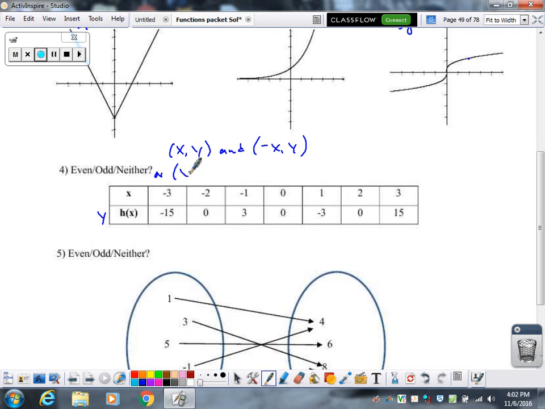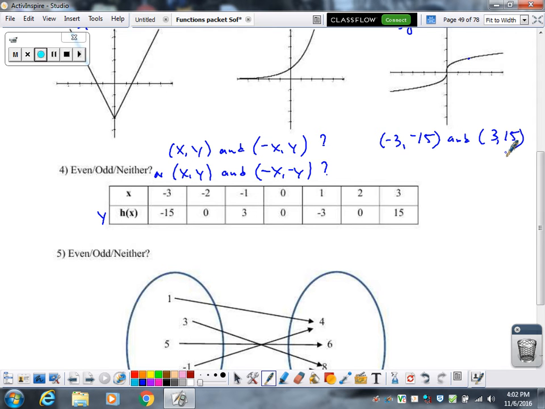Or do we have x and y and the negation of both of them, negative x and negative y? So which one of these scenarios, if either one of them, we may not have either one of them, do we have? So let's look at a couple of points. We have negative 3 comma negative 15, it's on the graph, and we have a positive 3, positive 15.